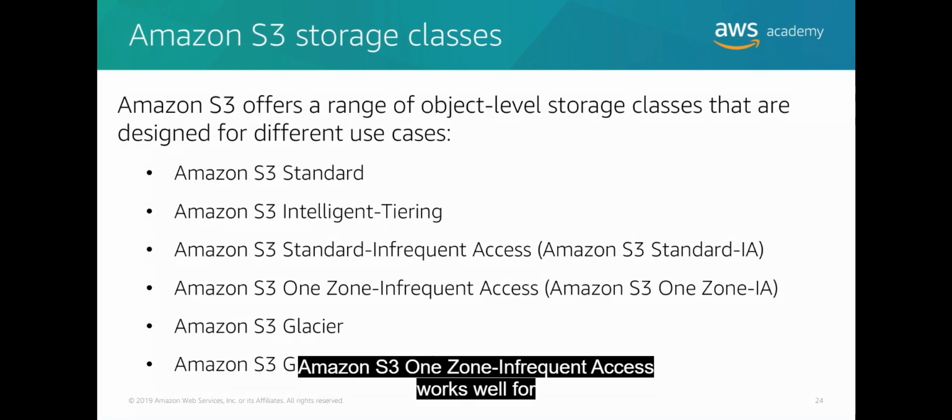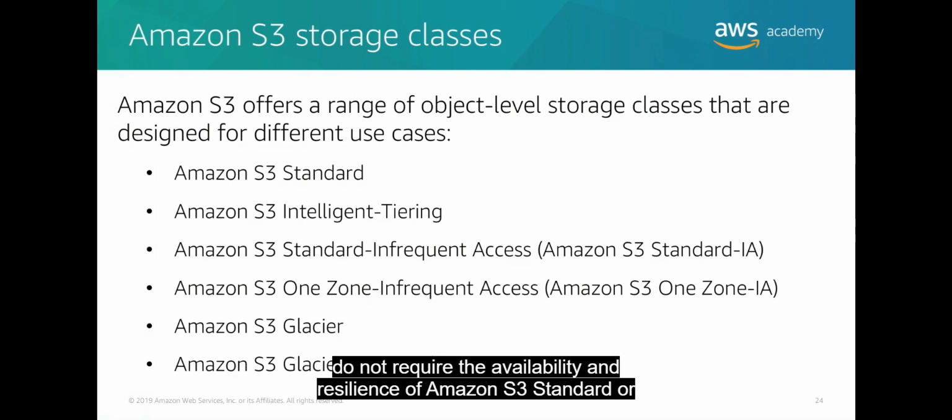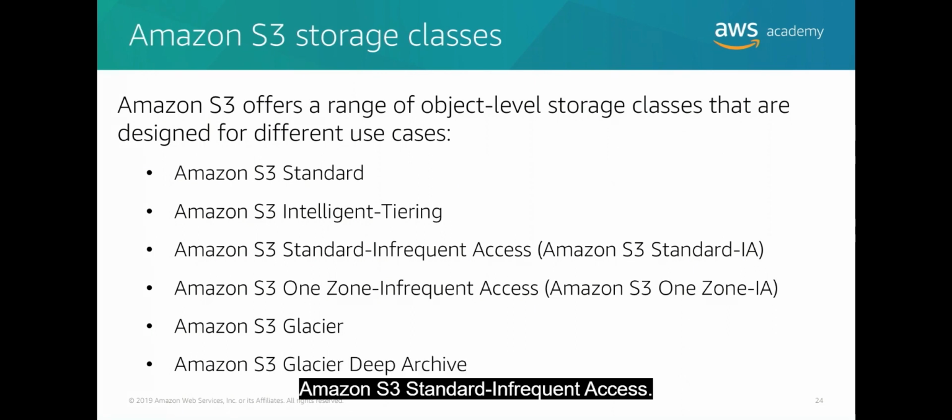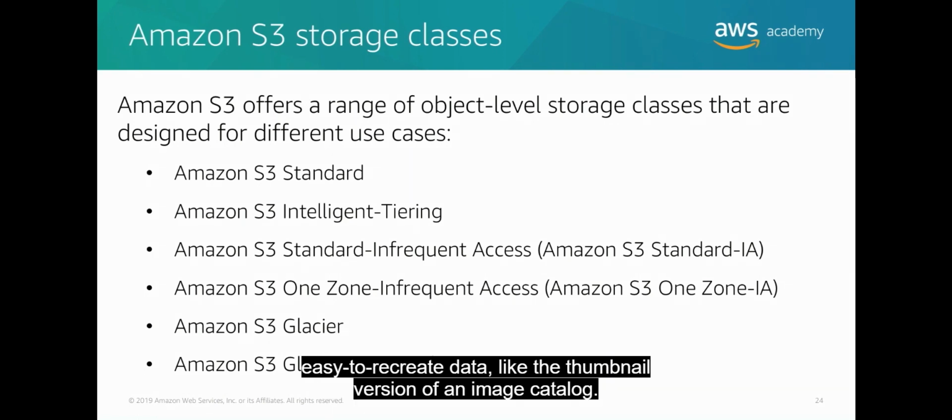It works well for customers who want a lower cost option for infrequently accessed data, but do not require the availability and resilience of Amazon S3 Standard or Amazon S3 Standard Infrequent Access. It is a good choice for storing secondary backup copies or easy to recreate data like the thumbnail version of an image catalog.